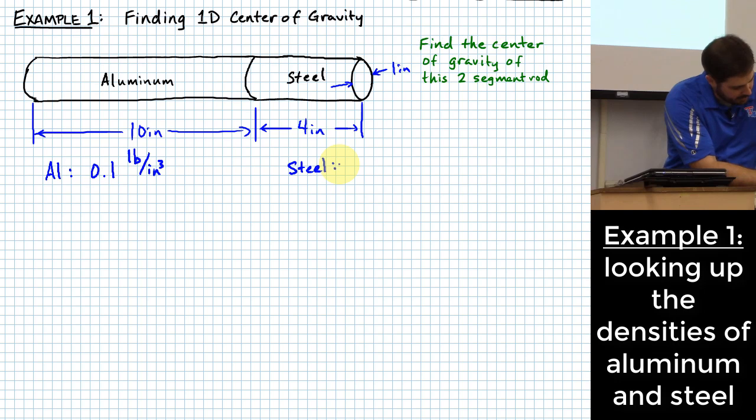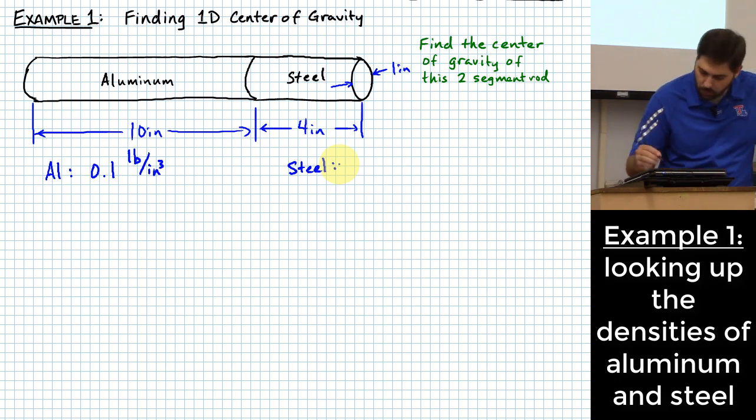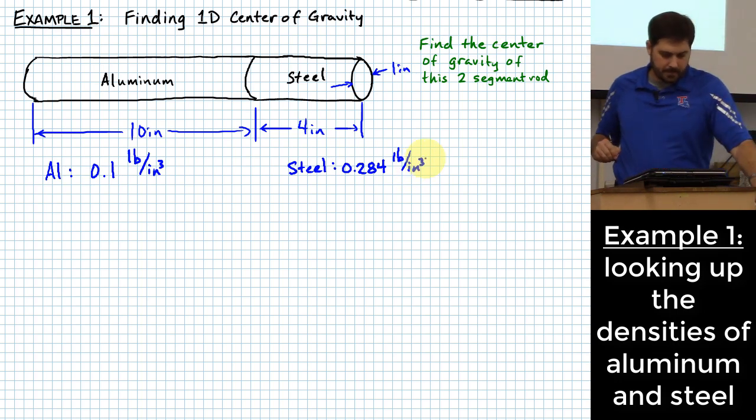We can look through there. Most of the steels, until it gets into stainless steel, it says 0.284. Same units, pounds per cubic inch.